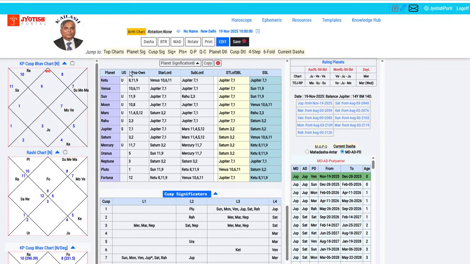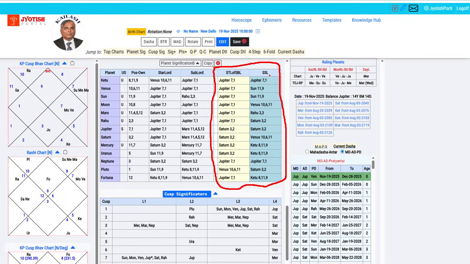Now, if you look at this table, you find these two columns. So this is the star lord of sublord, and this is the sub-sublord.